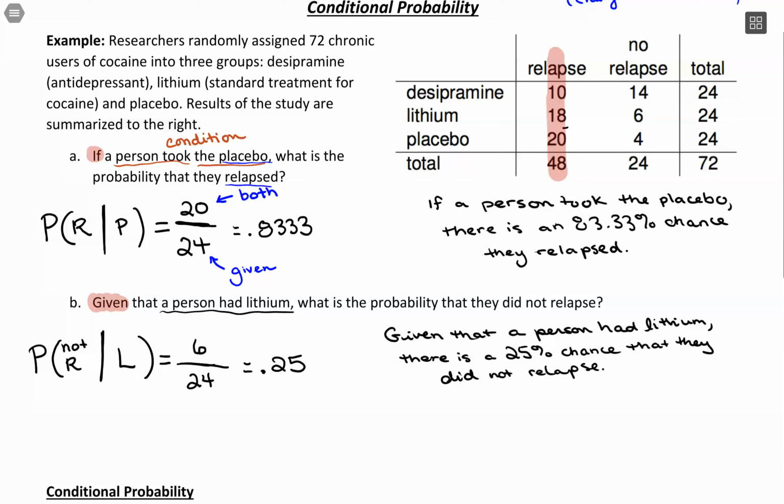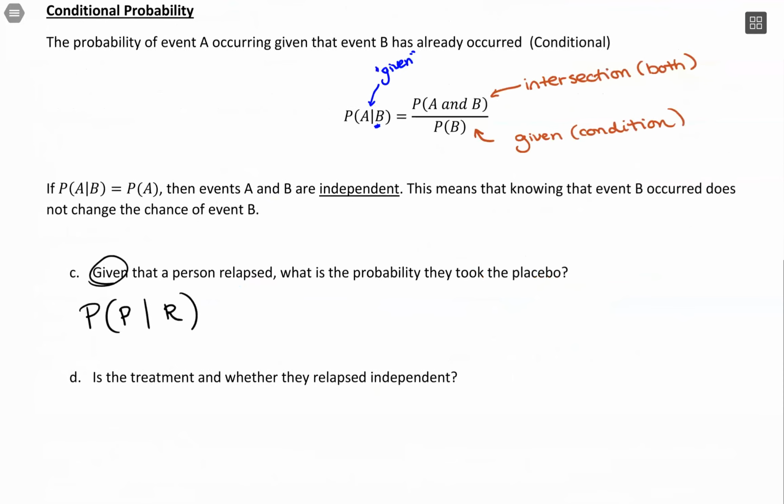So with that, we're going to end up with this different calculation, and it's because we're looking at a different group of people. It isn't just placebo users. Now we switched it to everyone that had relapsed in this treatment. So for our probability down below, probability of both would be that 20 out of our given, which was relapse, the 48.